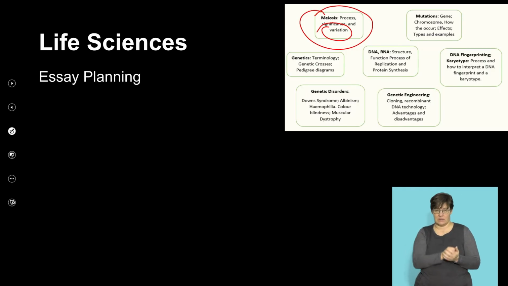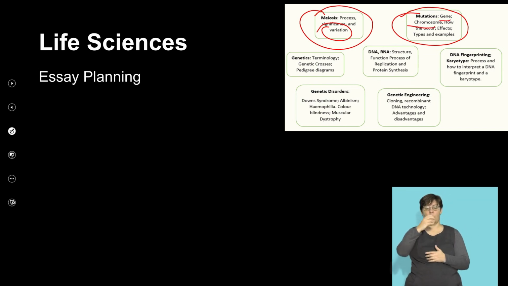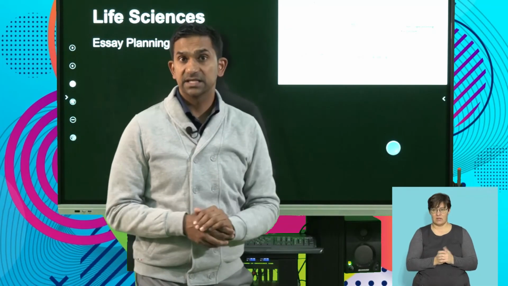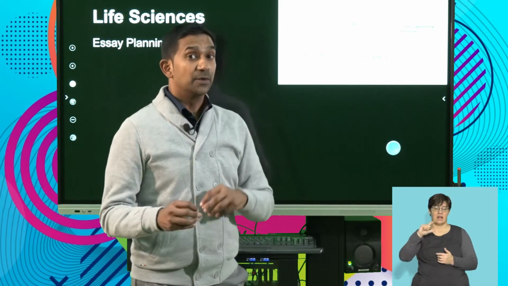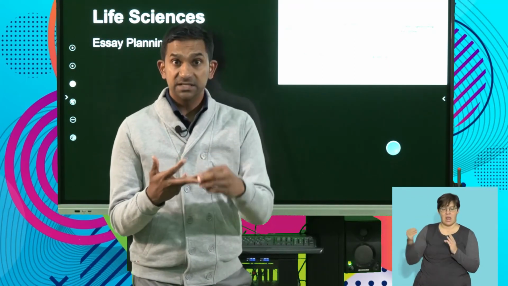The next area is DNA and how mutations occur. We know that mutations occur at a gene level as well as at a chromosomal level. Know some examples of gene mutations like sickle cell anemia. Know the way in which gene mutations occur. So we talk about deletion, insertion, substitution.